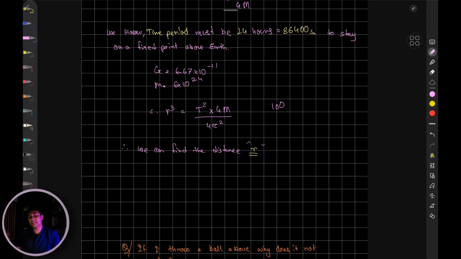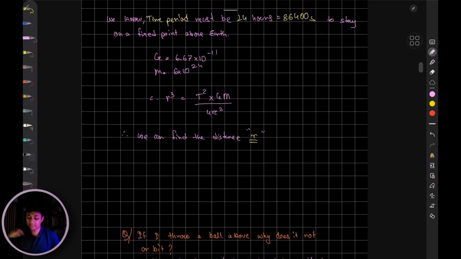How will you do it? Same formula. So you're going to use 100 squared times G times the mass of Earth divided by 4 pi squared, and if you take a cube root over here, you're going to get the radius or the separation for that object to be in orbit with a time period of 100 hours. So that's how you can find the distance.